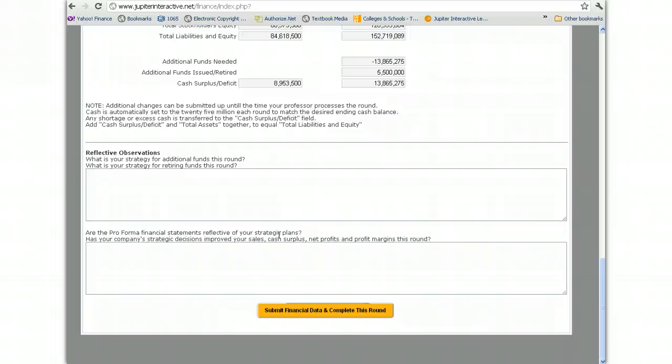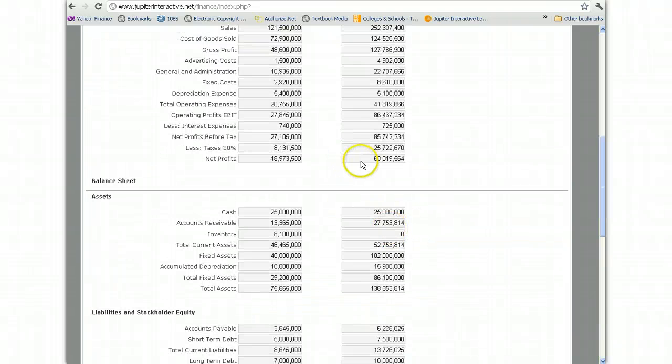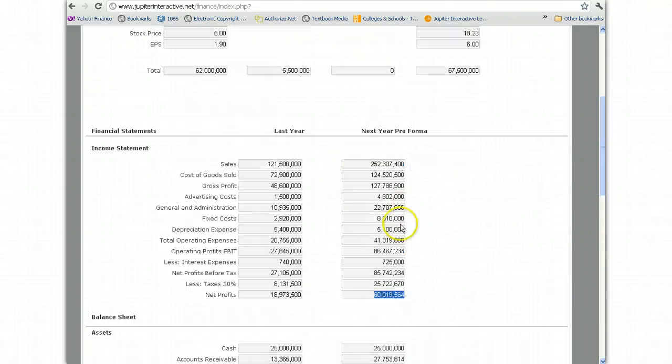How has your company's strategic decisions improved your sales, cash surplus, net profits, and profit margins? So here, each round, I'd reflect upon, if I'm increasing them, why I'm building up a cash surplus, and how my net profits and profit margins are being affected. Net profits are listed right here. For a profit margin, I could just take my net profits and divide them by my sales.